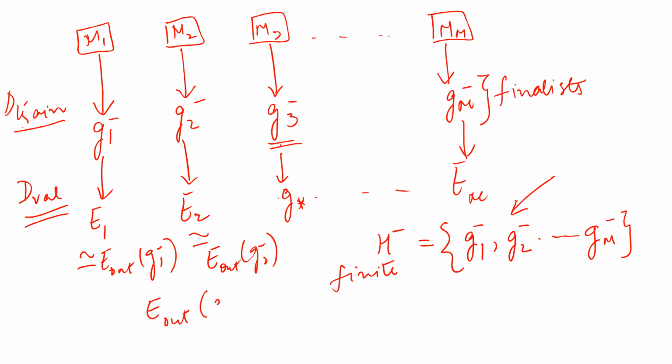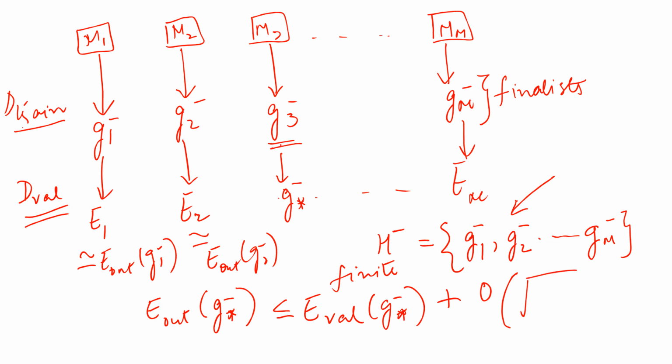So now we'll have E out of G star minus, because obviously that's also the one trained on less data, and that is of course less than or equal to E val again of G star minus plus a term that is of the order square root of log M over K. Now, where does this log M come from?